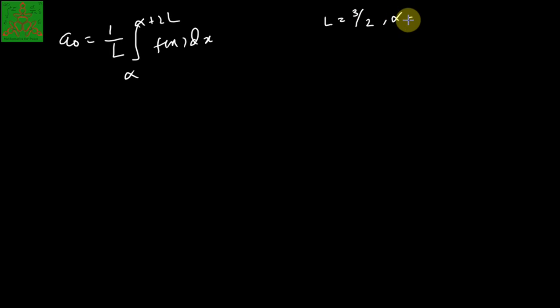The first one is a0, that is 1 upon L, alpha to alpha plus 2L, f of x dx. If you substitute alpha and L, L is 3 by 2 and alpha is 0, we have 2 by 3, 0 to 3, f of x, which is 2x minus x square dx.